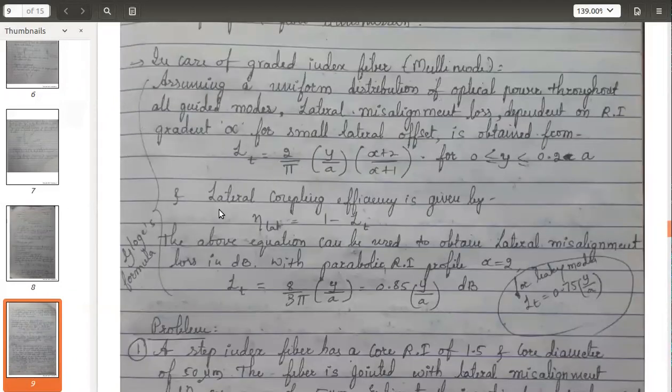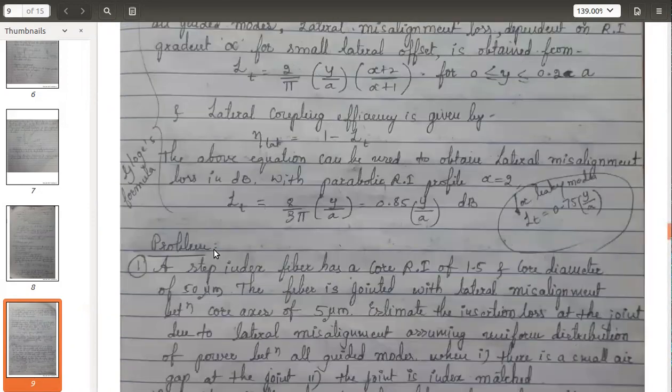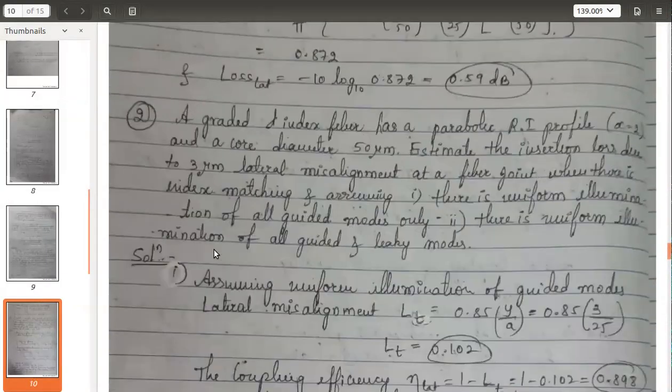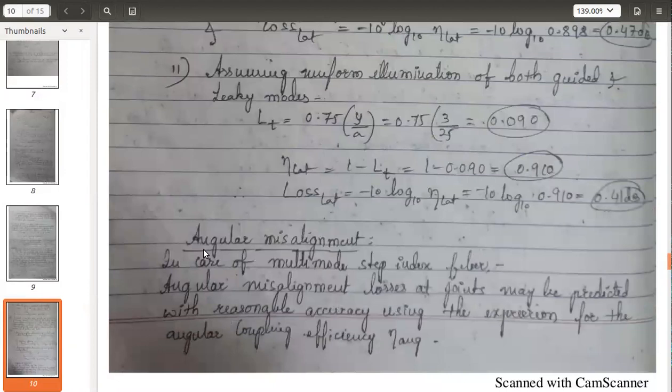For step index and graded index, lateral misalignment is completed, and the problems were covered in the previous session. In today's session, we continue with angular misalignment in multi-mode, step index and graded index. In your textbook, only the step index is given.